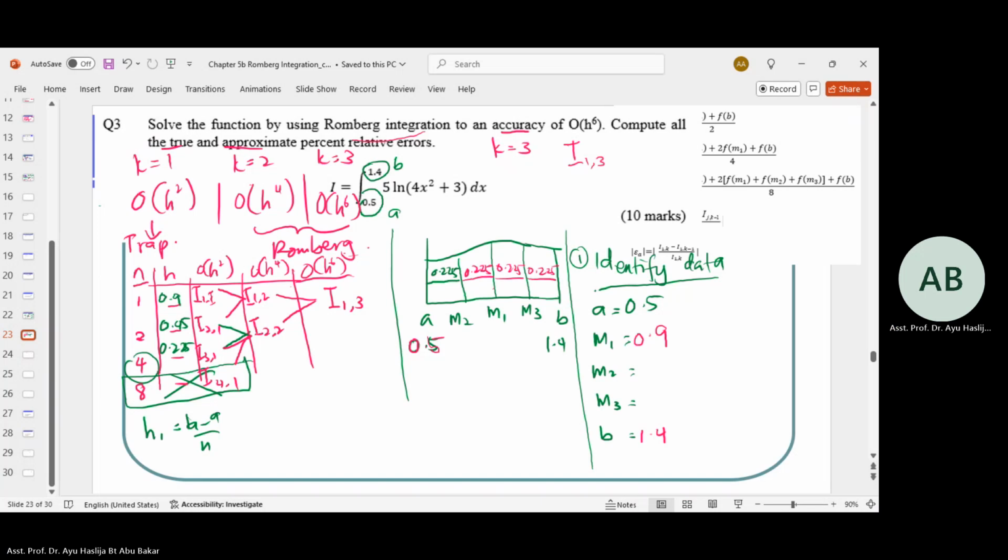M2? M1 0.95, right? M2 is 0.725. M2, right?